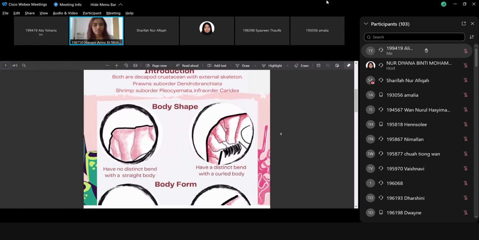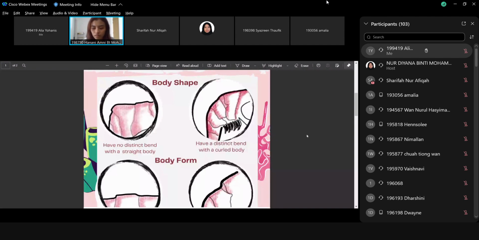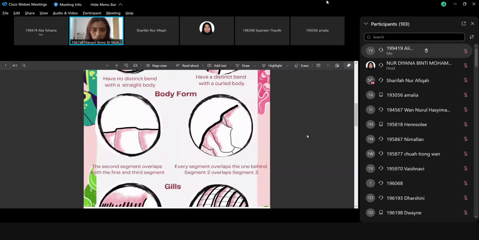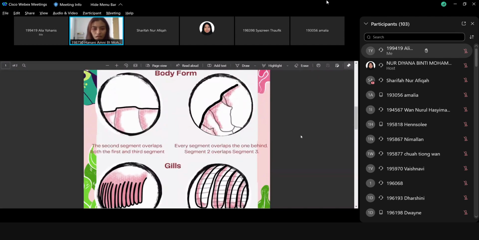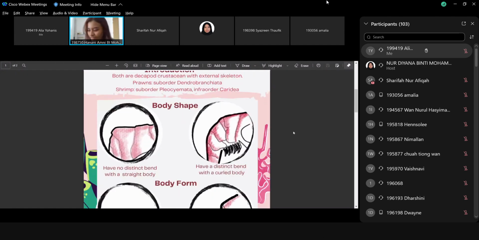For the first difference, the body shape: prawns have no distinct bend with a straight body, while shrimps have a distinct bend with a curled body. Oh wait, hold on, I'm so sorry. Can we go back?